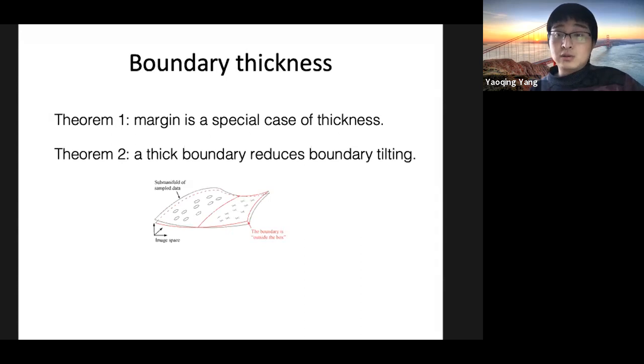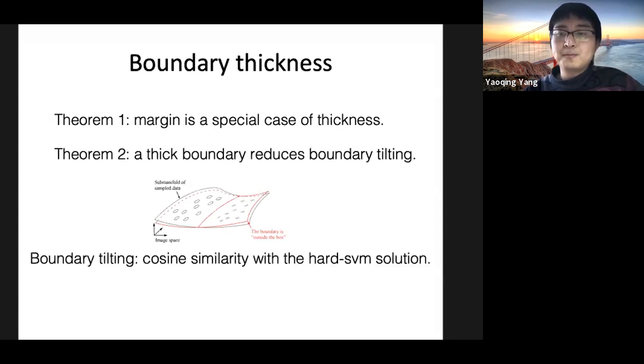Then our next result is that a thick decision boundary reduces the so-called boundary tilting issue. Just to remind you, boundary tilting means that the decision boundary lies very close to the data submanifold. In our theoretical analysis, we proved the result for a linear model.